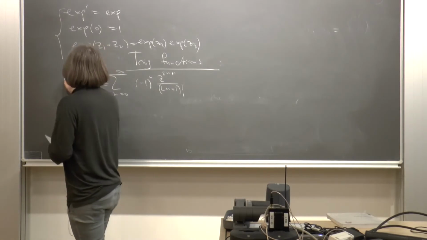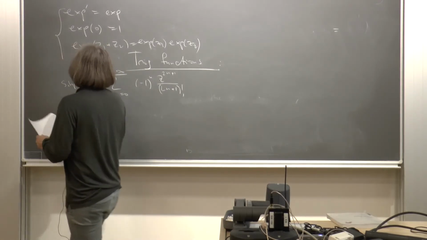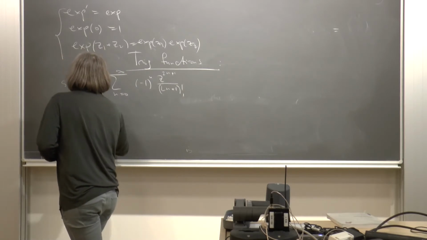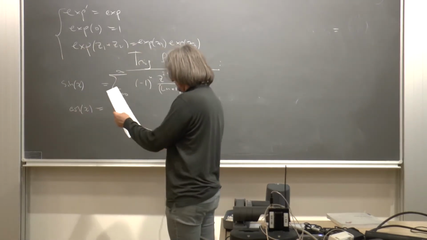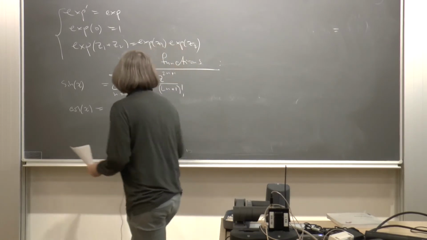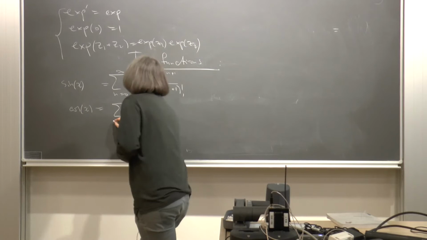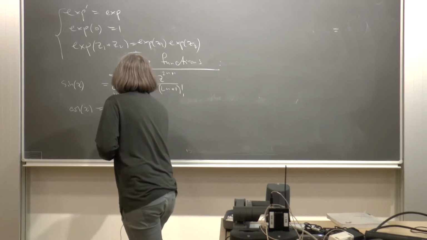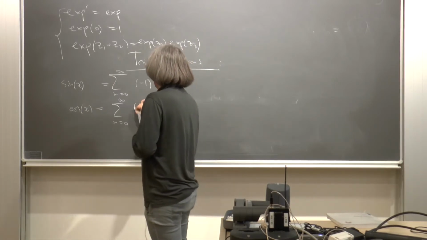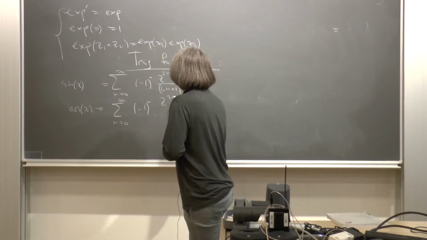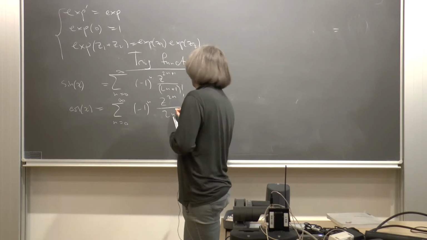And cosine of z is the sum from n equals 0 to infinity of minus 1 to the n, z to the 2n, over 2n factorial.